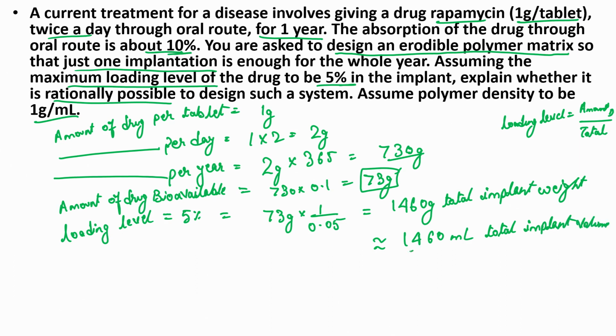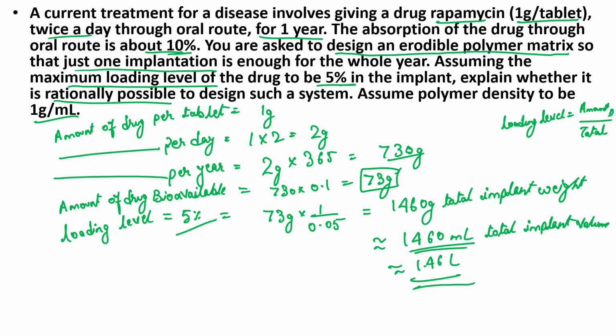Now, this is huge. I mean, we are talking about 1.46 liters, which is huge. Really, through any route you would not get that much space to put in your implant. So, this is fairly improbable to be able to design, and this is assuming quite a lot of things, that there is a 5% loading level, which is actually fairly high.